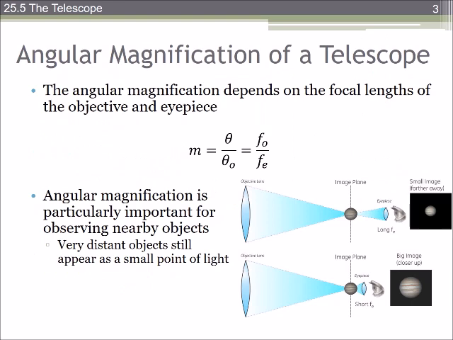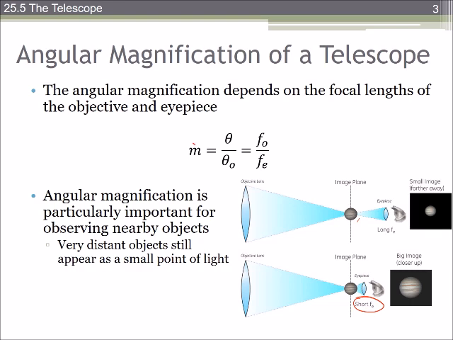The angular magnification of the telescope depends on the focal lengths of the lenses that we use. The angular magnification means basically how much bigger we made it. For a long focal length, it looks like it's farther away, but it looks smaller. For a short focal length, it looks much closer.